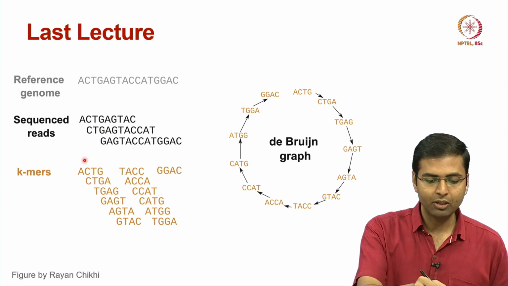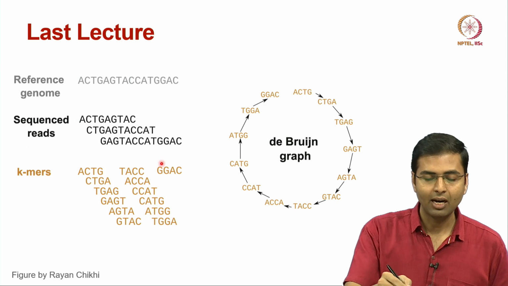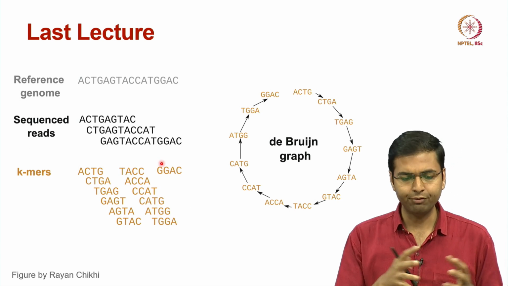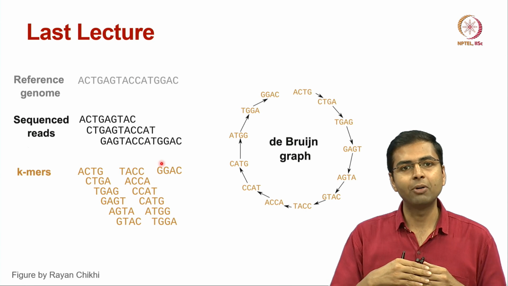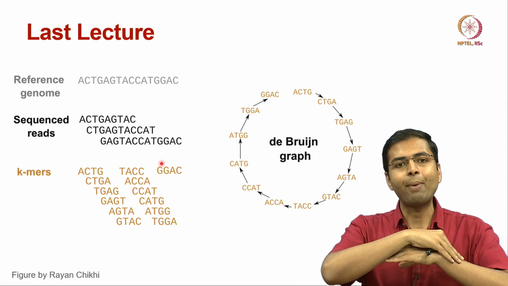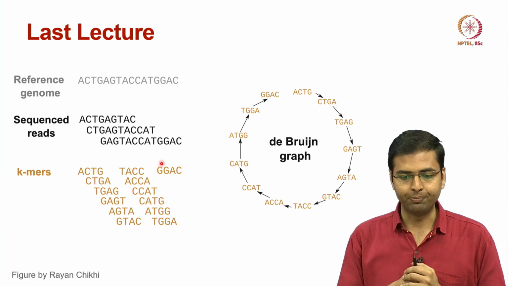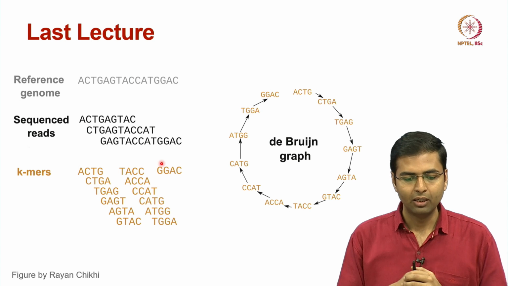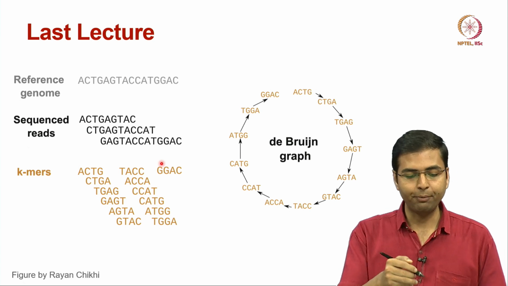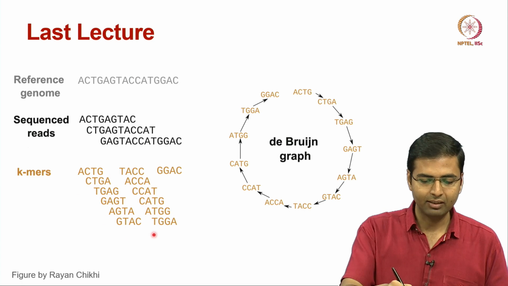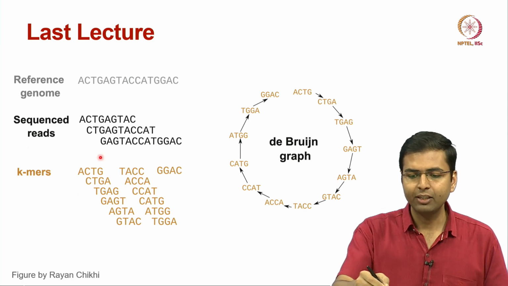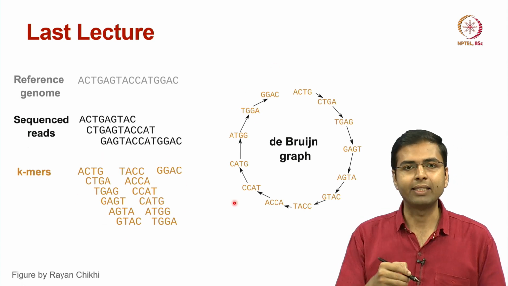All the k-mers observed in the sequencing reads are vertices in the graph, and you draw an edge between two k-mers if they share a k-1 suffix prefix overlap. So if you consider k-1 suffix prefix overlap between these k-mers, then you will get a de Bruijn graph like this.